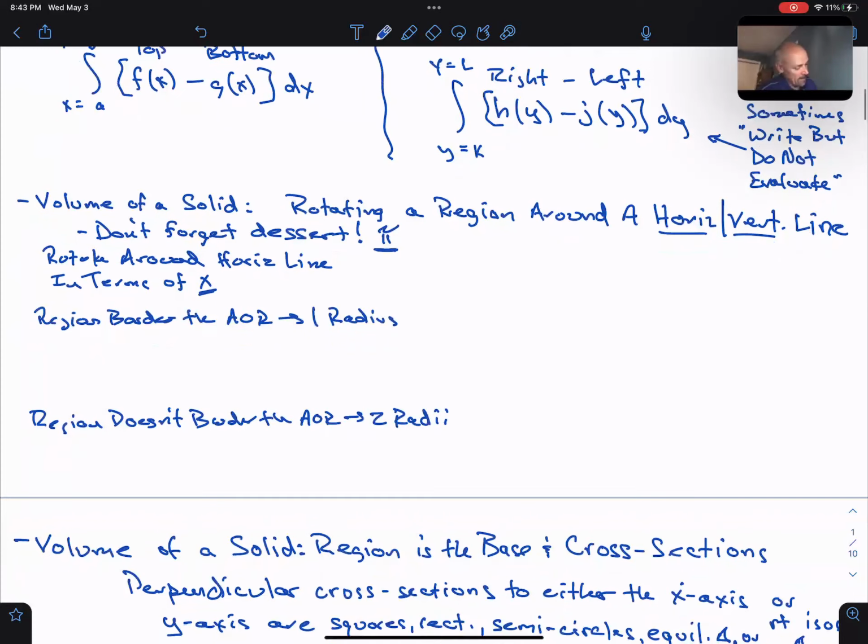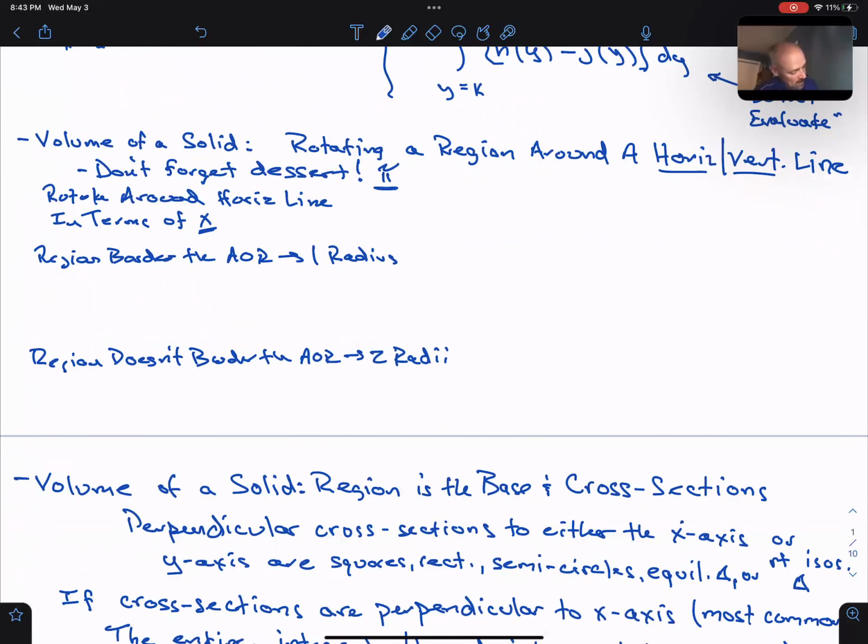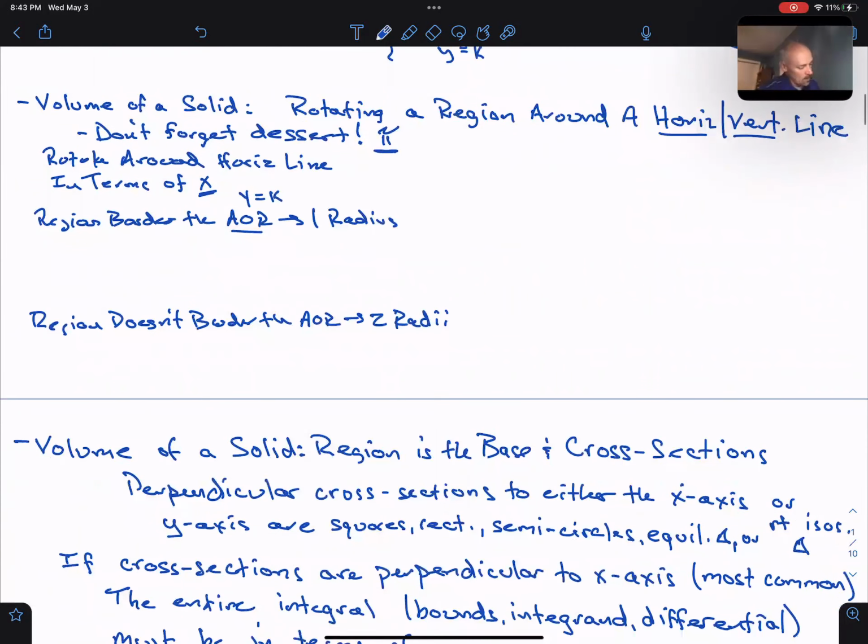Okay. So I'm going to say my axis of rotation is a horizontal line, y equals k in both cases here. And I'm going to say that my axis of rotation is below my function. How's that?